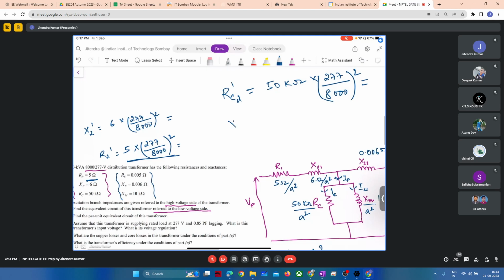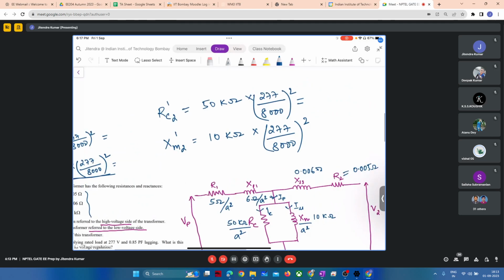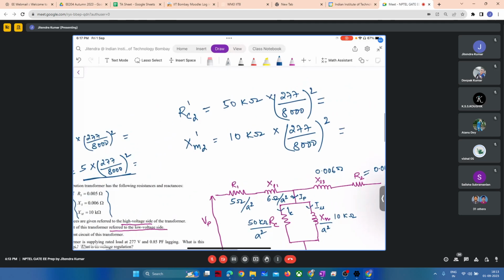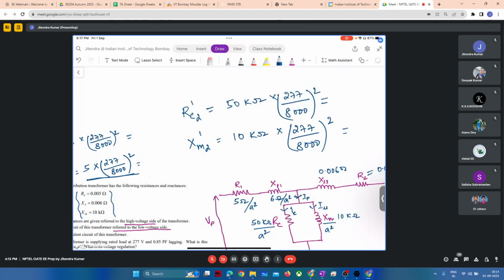Now magnetizing reactance referred to the secondary side will be 10 kilo ohm into 277 divided by 8000 square. So these all values, if you calculate, you will get as 0.006 ohm.